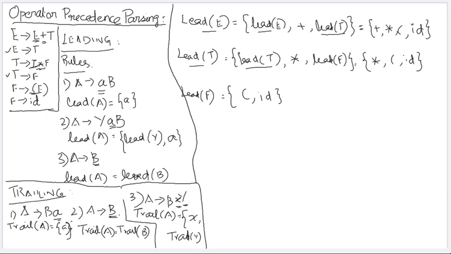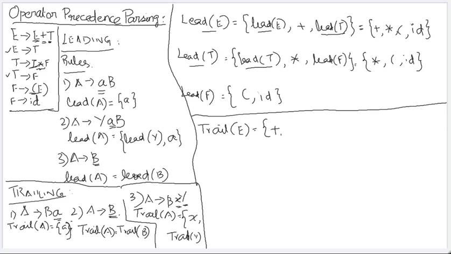Now let us find out the trailing value for our grammar. So first thing is trail of capital E. What do you have for capital E? We have two productions, and in the first production, the last element is a non-terminal, but before that you have a terminal. So what you have to do?